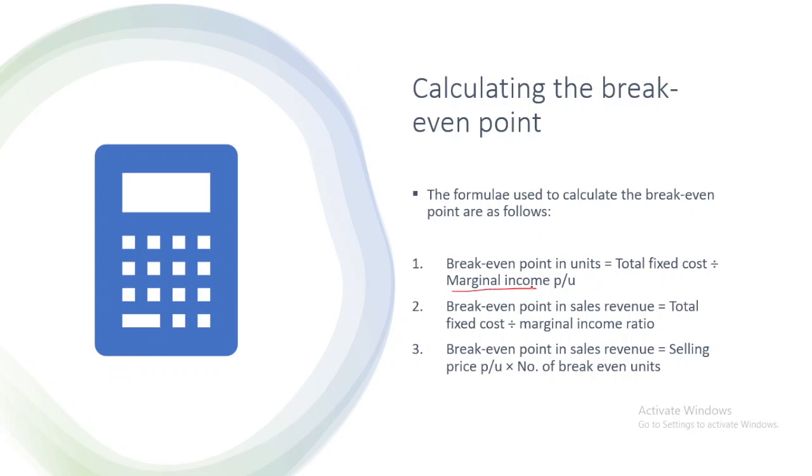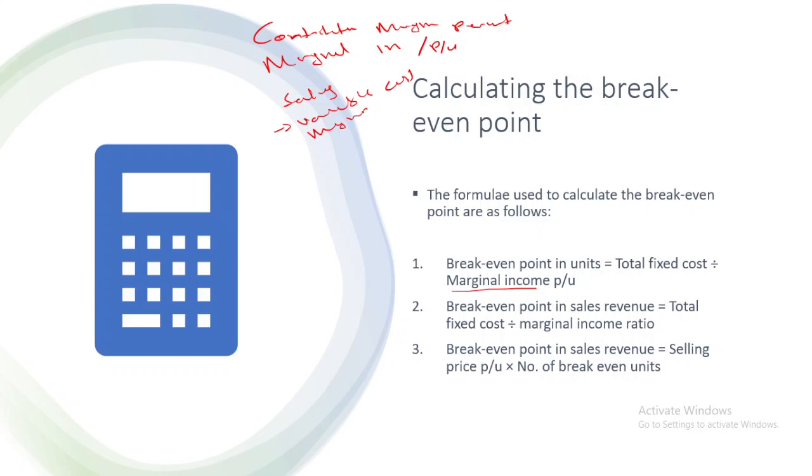The marginal income is your contribution margin per unit, which is the same as marginal income per unit. Under this one, this is your sales less variable cost, or what we call marginal cost. This will give you your marginal income per unit.